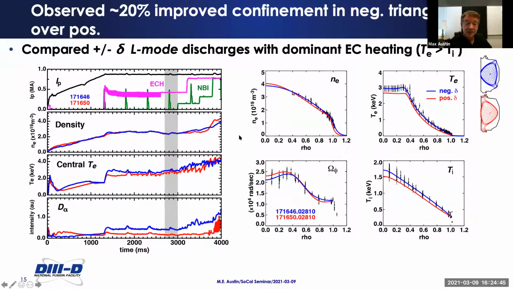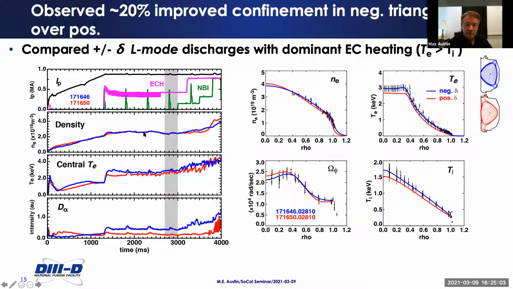Okay, now some data. We did these experiments on D3D to compare the two. This is a comparison of two shots with exactly the same heating power, with neutral beams and ECH.